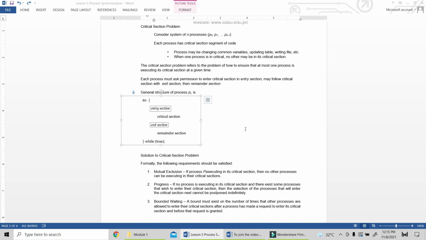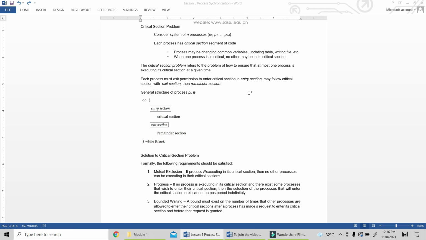So what are they? Each process must request permission to enter its critical section. The section of code implementing this request is the entry section. Then the critical section may be followed by an exit section. And then the remaining code is the remainder section.